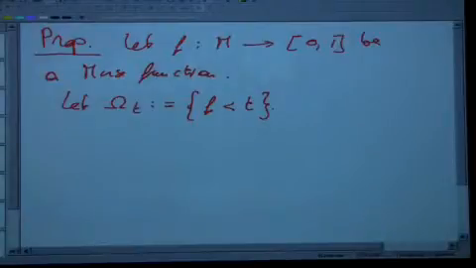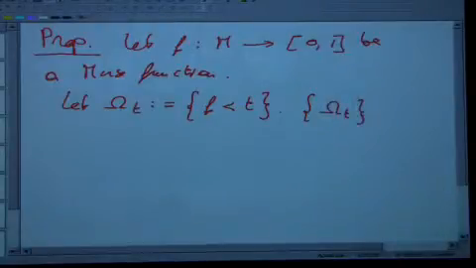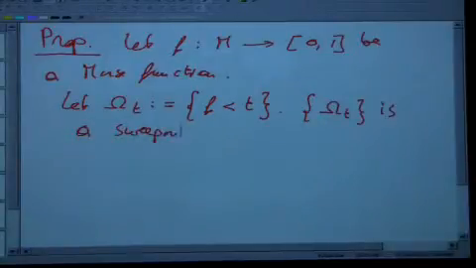Then this is a sweep out. Probably I cheated because I told you that omega 1 has to be the entire manifold, right? Omega 1 is going to be the entire manifold minus a few points. Let's say that these singular points might be there. So omega t is a sweep out. That's it. So the set of sweep outs is actually nonempty because on any compact smooth manifold, there's always a Morse function.